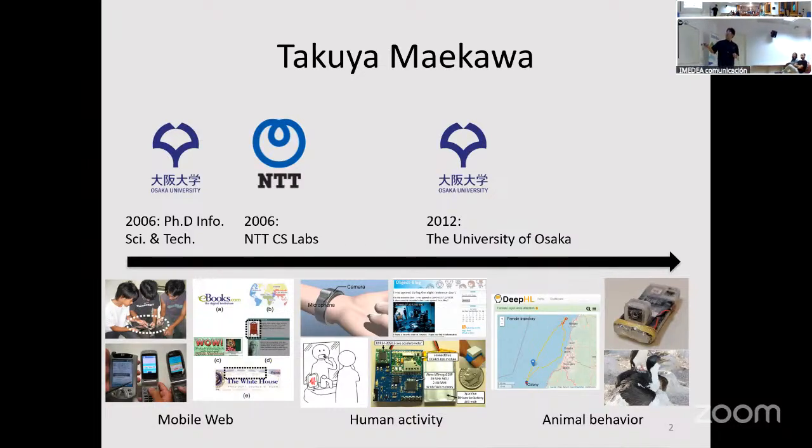There I started research on human activity recognition by using wearable sensors attached to people. And after that, I moved to the University of Osaka, and I expanded my research focus from only humans to animals.